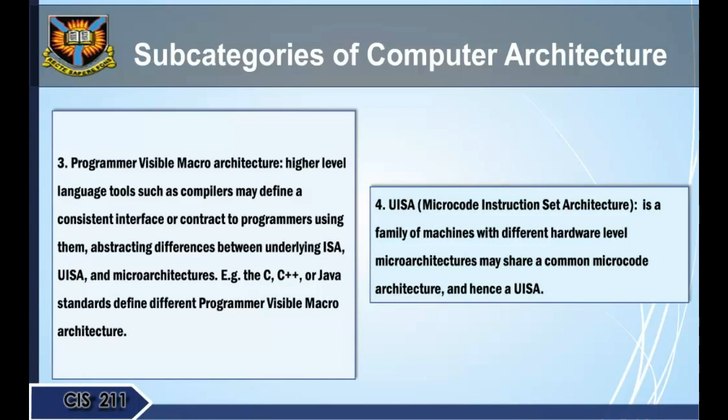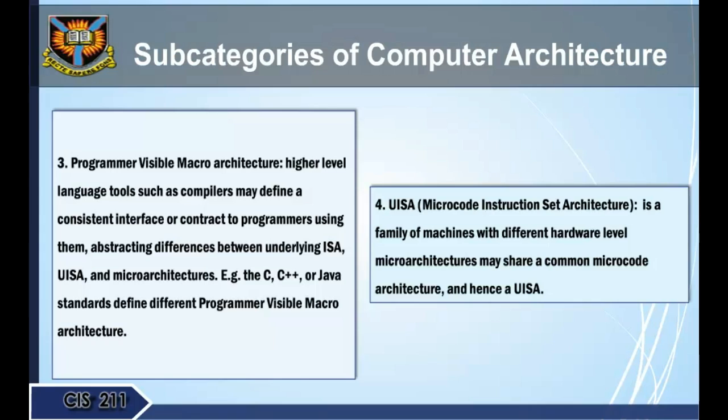3. Programmer visible macroarchitecture. Higher level language tools such as compilers may define a consistent interface or contract to programmers using them, abstracting differences between underlying ISA, UISA, and microarchitectures, e.g., the C, the C++, or Java standards define different programmer visible macroarchitecture. 4.